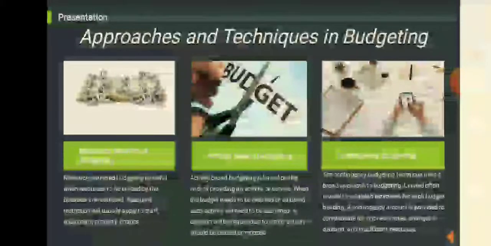Next is the activity-based budgeting. Activity-based budgeting is based on the cost of providing an activity or service. When the budget needs to be reduced or adjusted, each activity will need to be examined. A decision will be required as to which activity should be ceased or reduced.